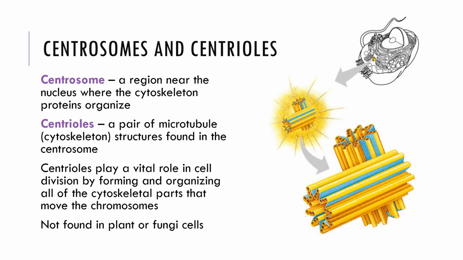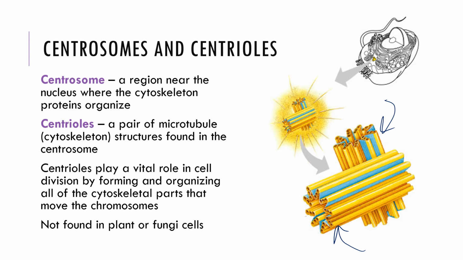There are also specialized cytoskeleton parts called the centrosome and the centrioles. The centrosome is a region near the nucleus where a bunch of these proteins will organize. Centrioles are pairs. There are these two structures, always found in pairs, and they're made of cytoskeleton that are crucial to the division of the cell.